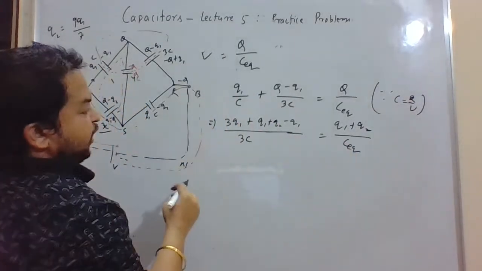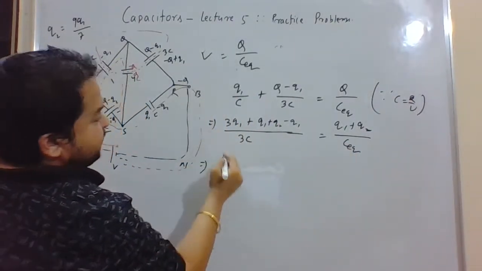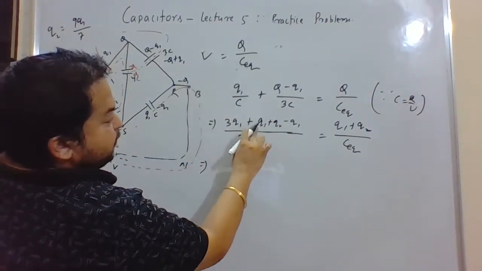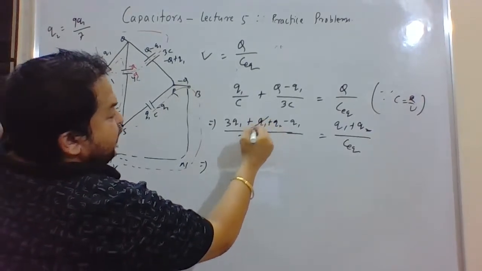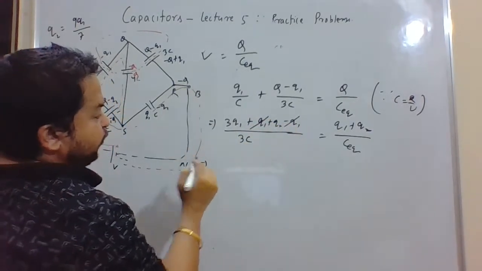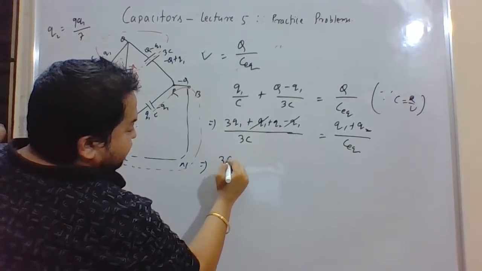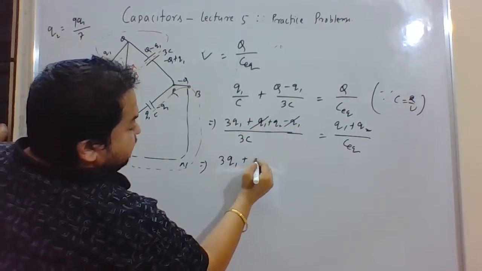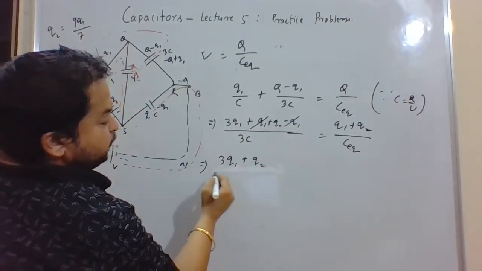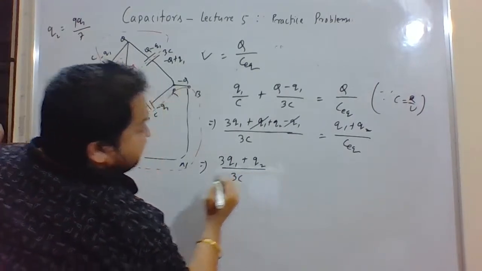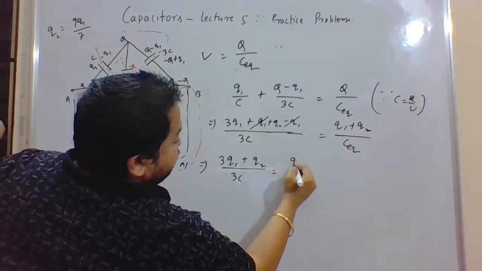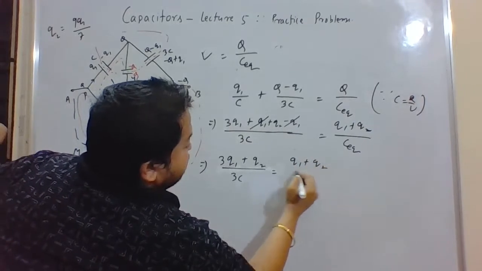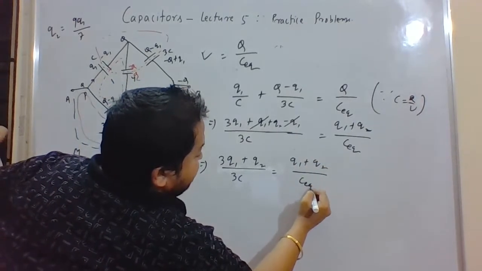So obviously now it's very simple math. So 3Q1 plus Q1, and the Q1 minus Q1 gets cancelled out. So here it becomes 3Q1 plus Q2 by 3C equals Q1 plus Q2 by C equivalent.